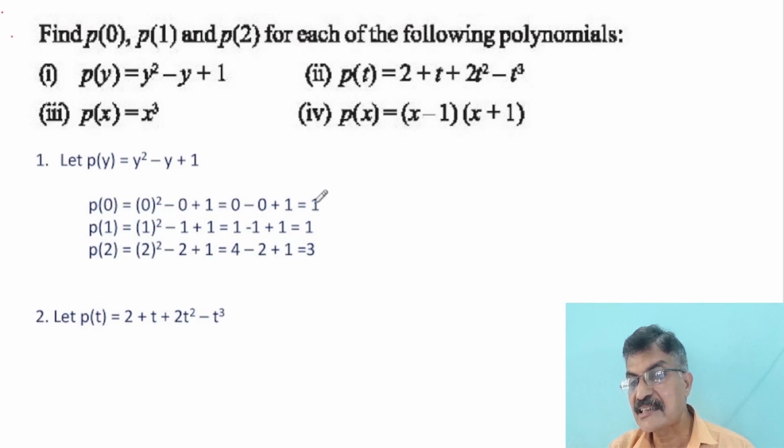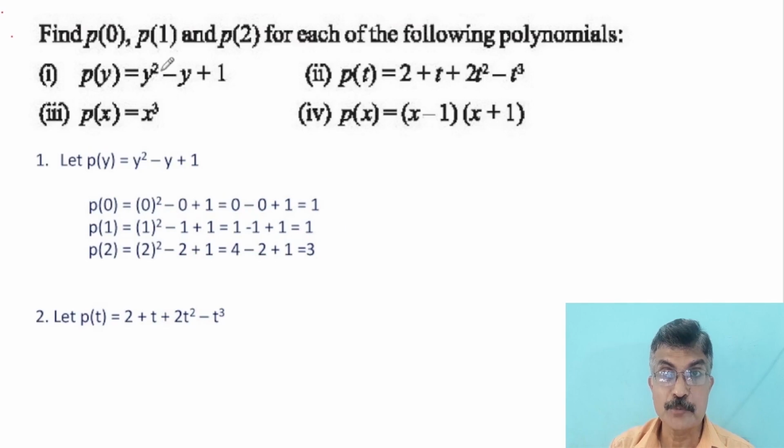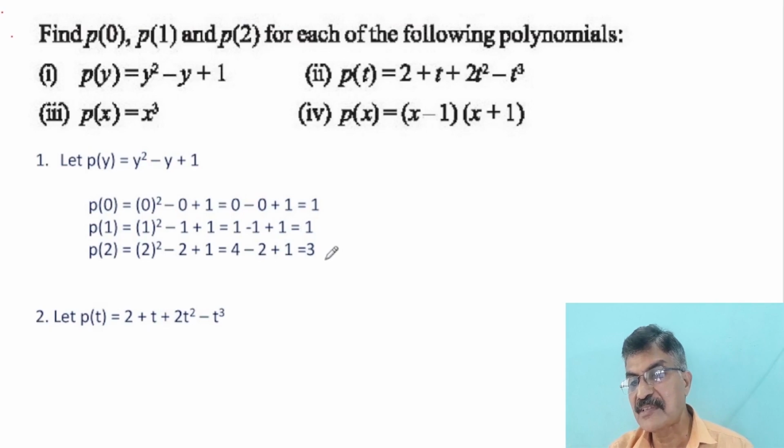Then we will get the answer as 1. Then p(1) means substitute the value of y as 1 here. Then we will get the answer 1. That is, put the value of the variable y as 1. The next, just plug the value of the variable as 2 and do the necessary arithmetic. We will get the answer 3.